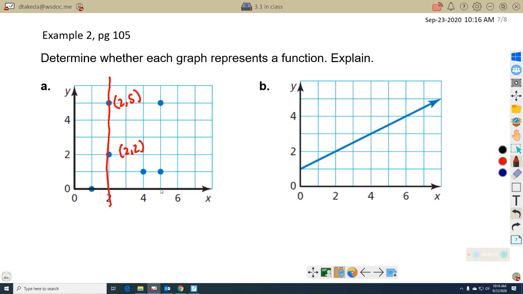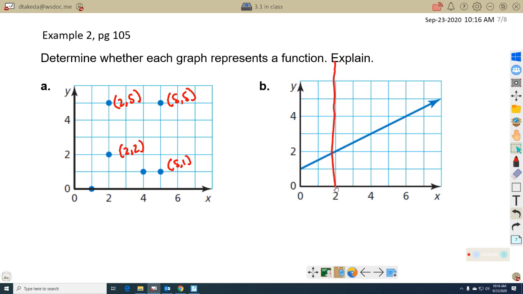And right here it passes through 5, 1 and 5, 5. So this one will not be a function. It does not pass the vertical line test. My crummy vertical line, sorry. I'm still learning to use these tools.